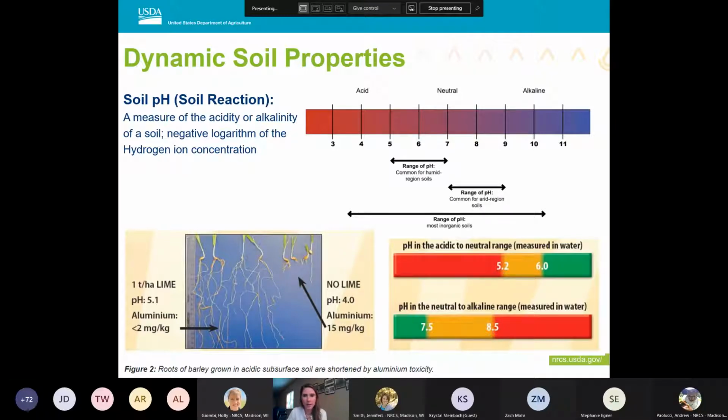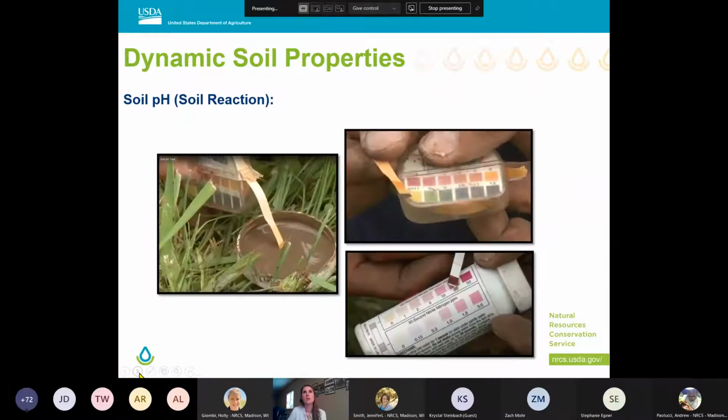If you go to the next slide, you can see that this is something easily measured in the field and one of the easiest things to manipulate. In the field, you can do a 1-to-1 mixture of water and soil and use these little strips to determine your soil pH. Again, that's at the surface, but one of the most impactful management tools if you have a low pH and you're trying to raise it is liming. It's super economical. It can raise your soil pH to more neutral levels so that you can improve yields and crop growth.